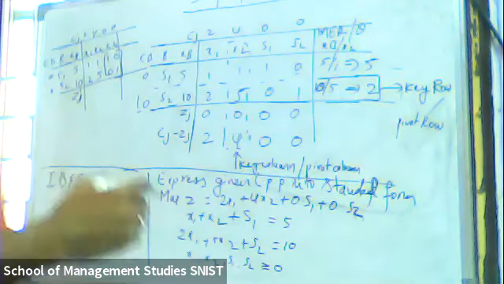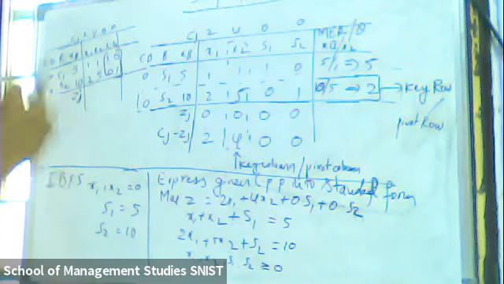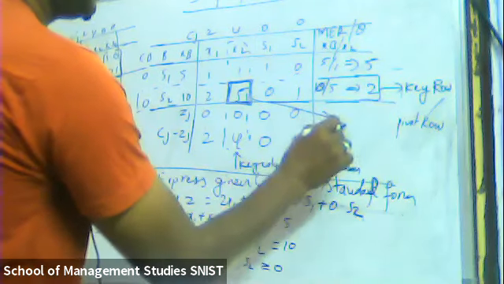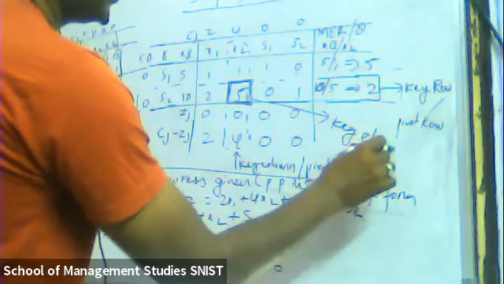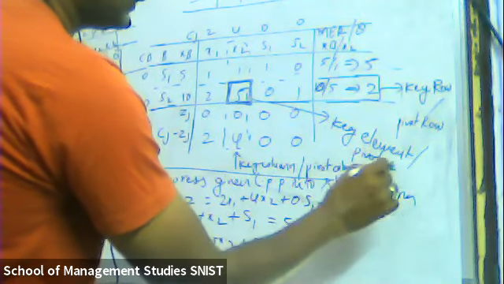This becomes the key row. Now listen carefully. The intersecting point of the key column and key row becomes the key element, or pivot element.